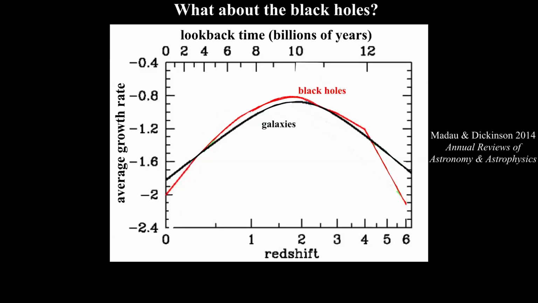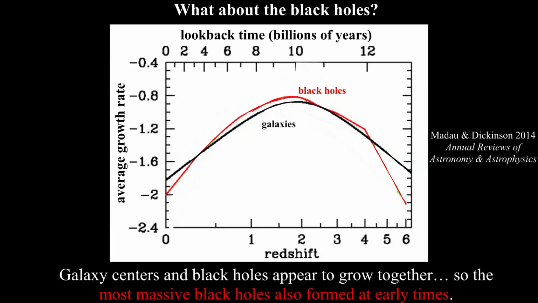And more or less, these black holes and galaxies, as far as we can tell, seem to grow together at the same average rate. If you average over everything, the black hole grows, the galaxy grows, the black hole grows, the galaxy grows. Right? So if we see these big old ancient cores when the universe was 2 billion years old, we assume it has sort of the same level of black hole. We need to go even deeper. We need to go farther.